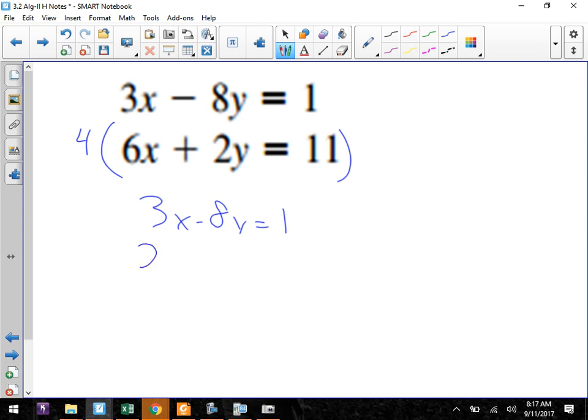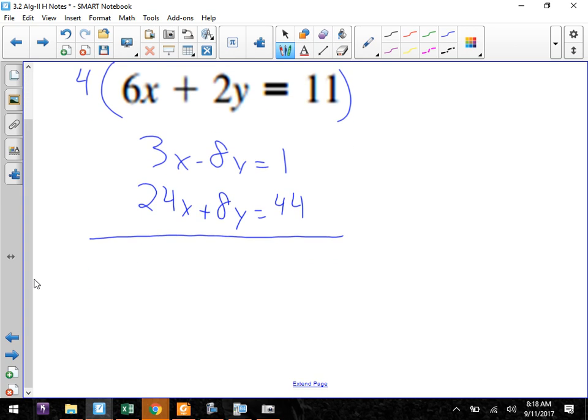So we have 24. Add these guys together. What do we get? 27x is 45. Divide it out.